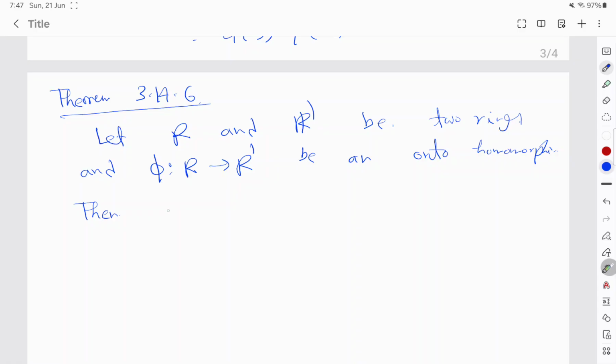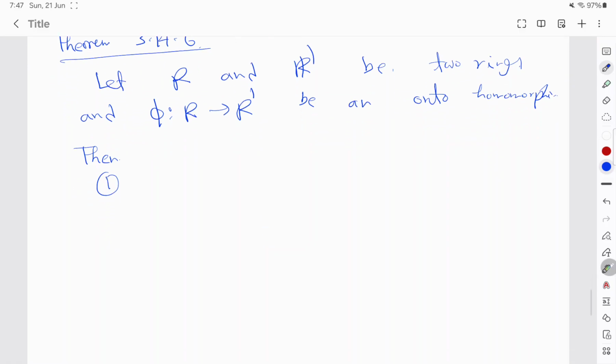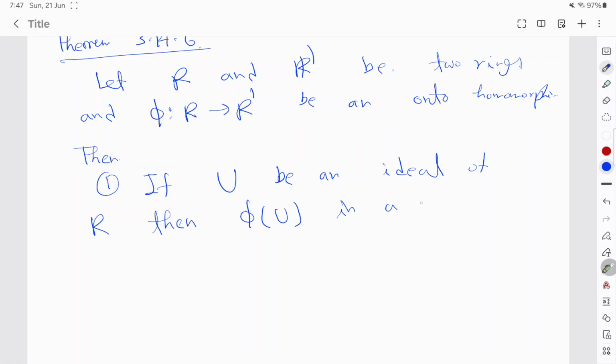Then, I am proving only the first one: if U is an ideal of R, then phi of U is an ideal of R dash.